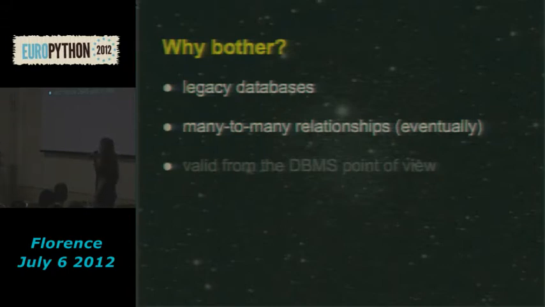Okay, yeah. Eventually, when you design a database in the traditional way, usually when you create a many-to-many relationship, you just slap in a table containing two columns, and the two columns are perfectly fine as a primary key. This is not possible with Django.